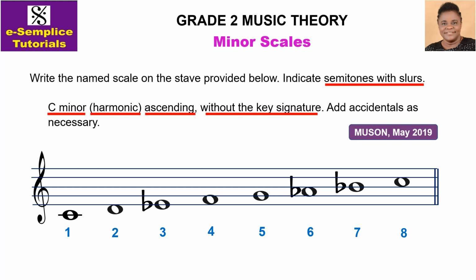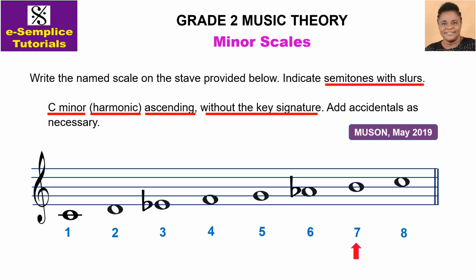Good. Next thing, a harmonic minor scale must have the seventh note raised. So if I raise this seventh note, which is B flat, B will lose its flat. So there's no longer B flat.